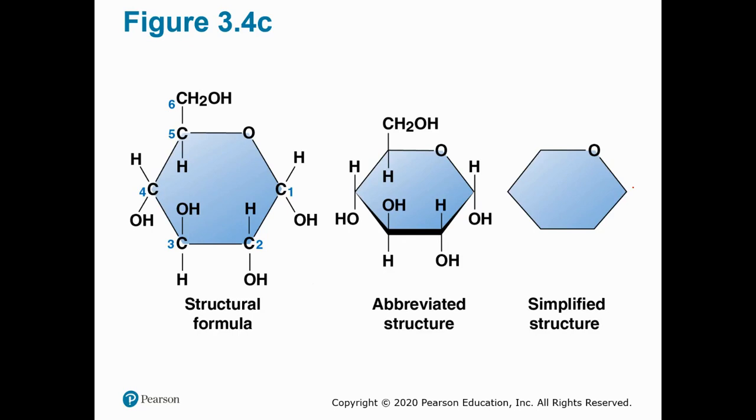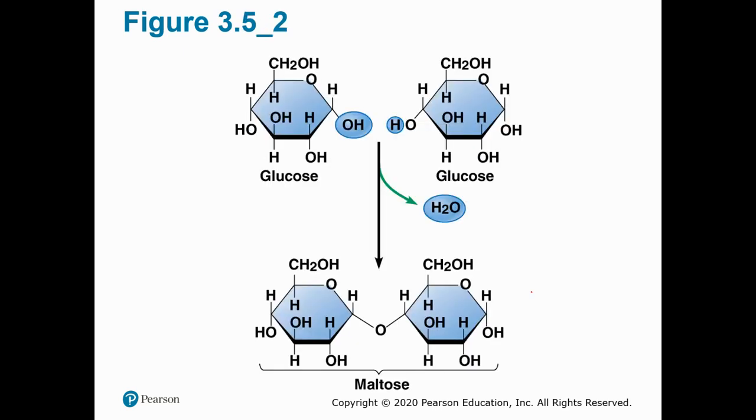When you see this hexagon, it's implied that there's a carbon in that corner and that there's a hydrogen at the appropriate places or wherever they need to be. So those things are implied, that they're there.